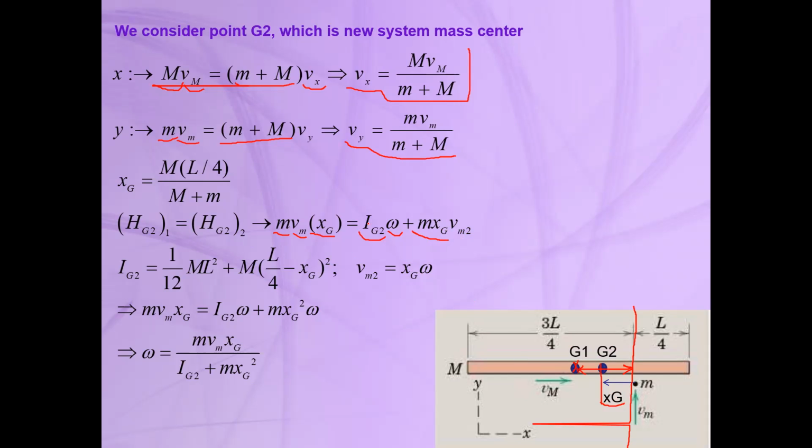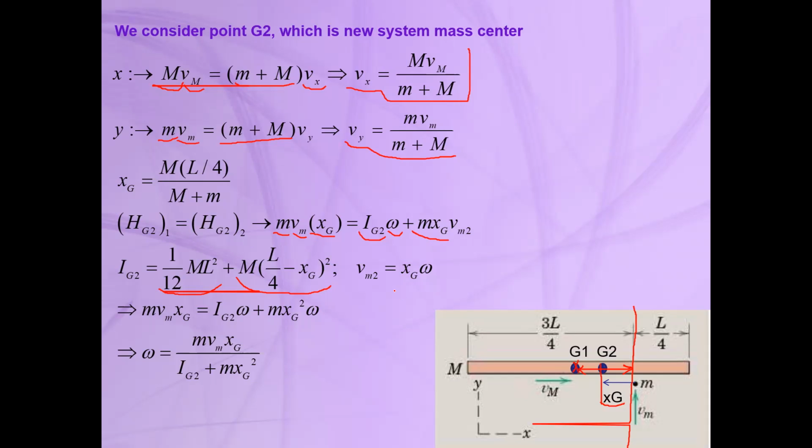So we can calculate I_G2, the mass moment of inertia about point G2, and it's equal to the mass moment of inertia about the first mass center, plus M d squared, where d is equal to L divided by 4 minus xg. So we can substitute here.